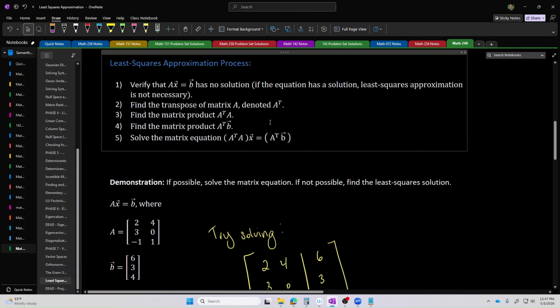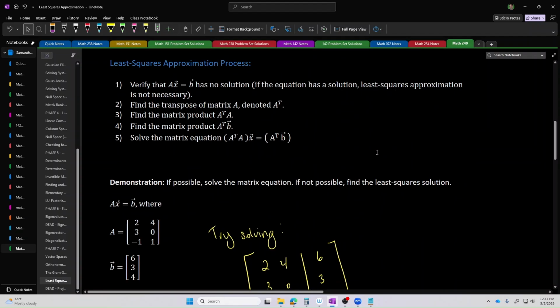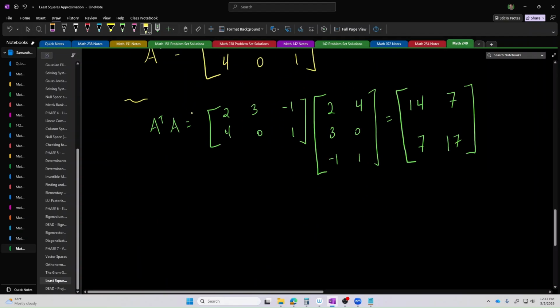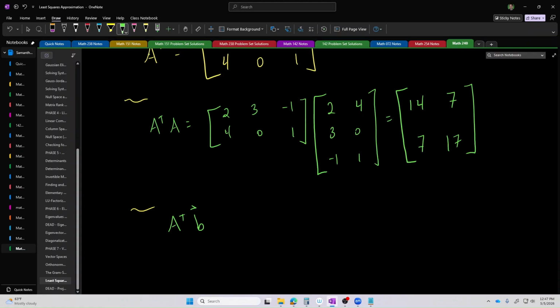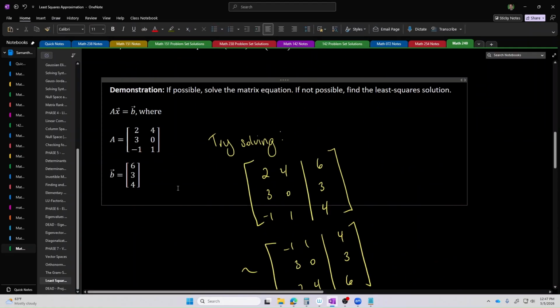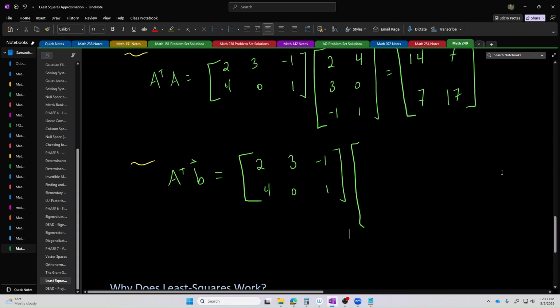Now let's calculate A transpose times B. Taking my A transpose matrix and multiplying it by the output vector that I wish I could get, B, I was trying to get the output of 6, 3, 4.